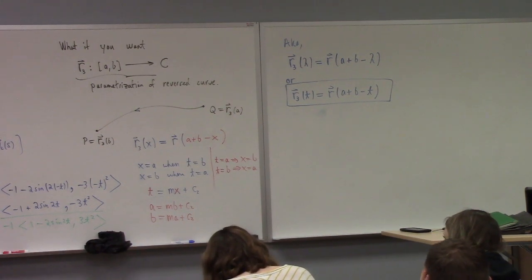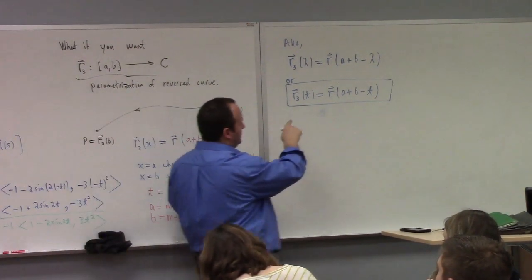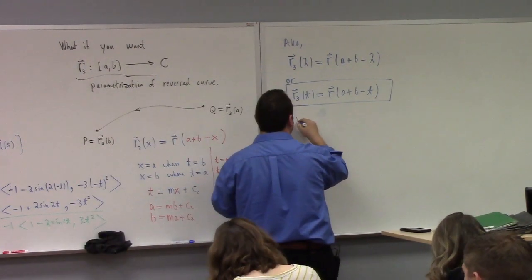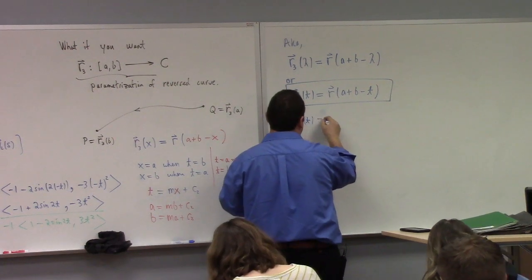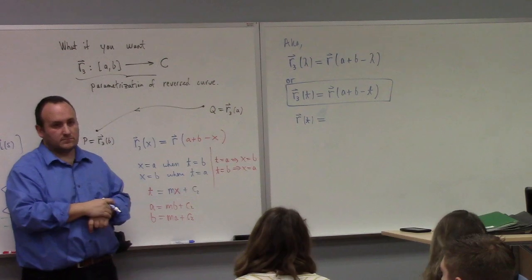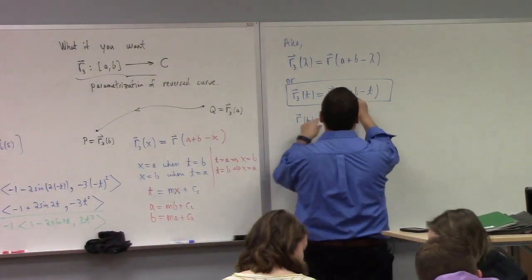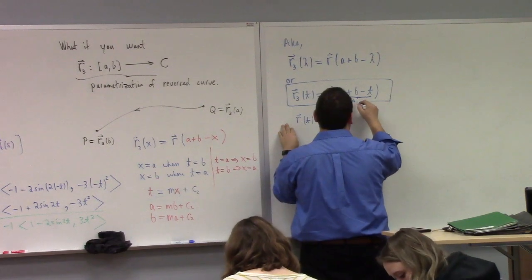With this, if I was to compare, so all right, what would R of T be equal to? So this is quote unquote T, right?